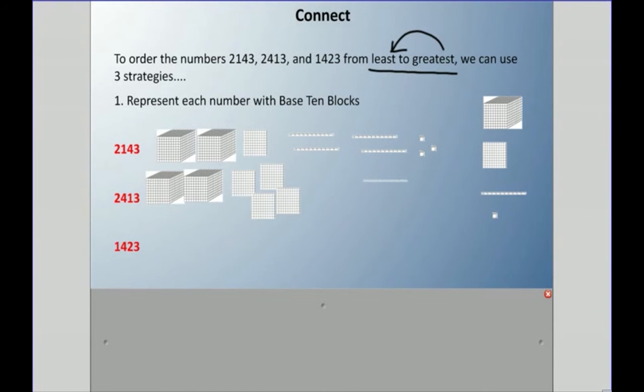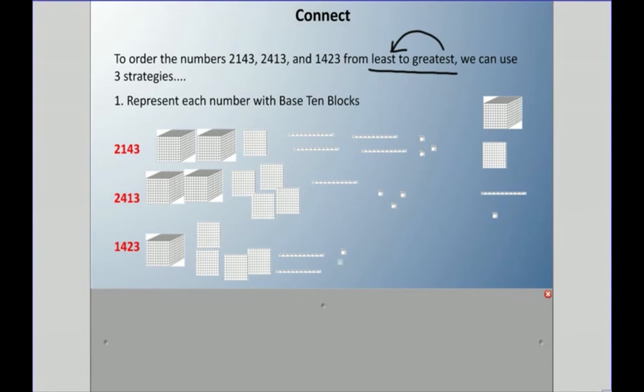I only need 110, but I do need 3 ones. Okay, and then lastly, 1,423. We need 1 of those. And again, we have 4 of the flat 100 blocks. I should probably make that down here. And we have 2. Oops, sorry about that. 2 10 rods. And again, 3 ones.